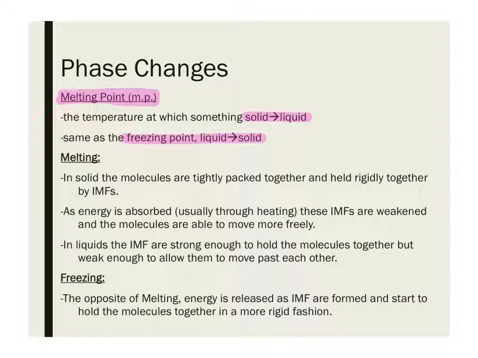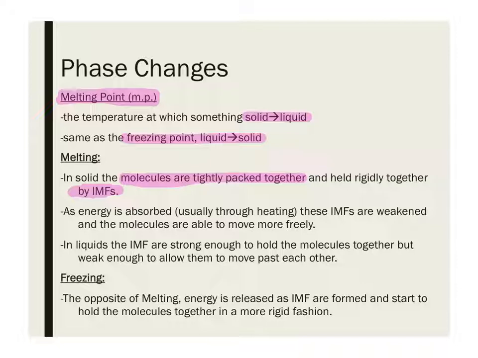In melting, we have to think about what we have there. We have a solid. The molecules are tightly packed together. Because they are very packed together, they are held together by intermolecular forces.